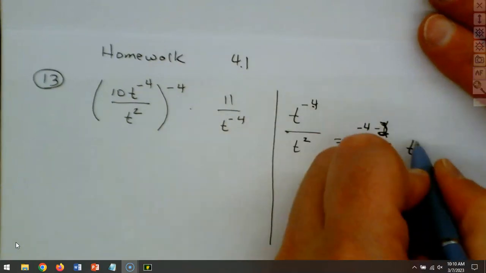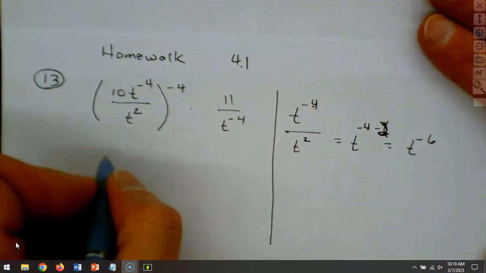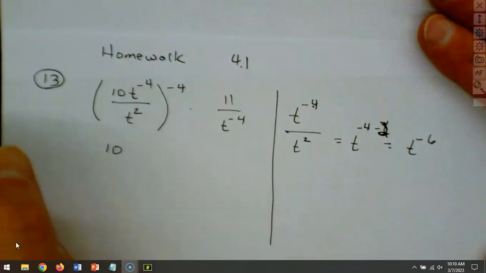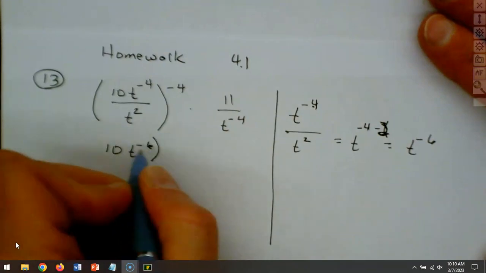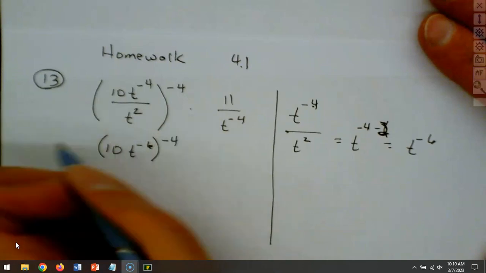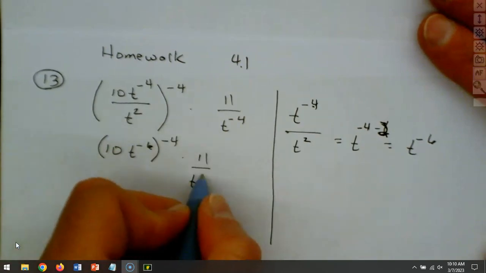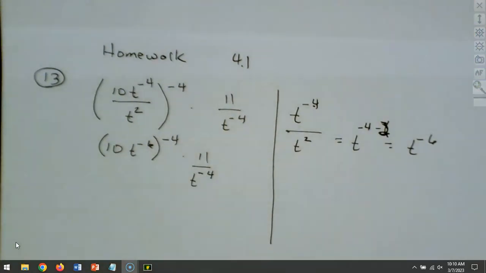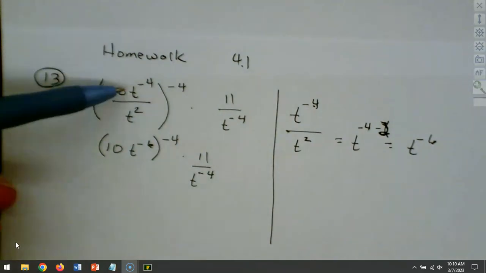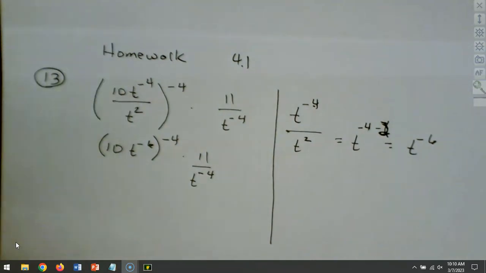That gives you t to the negative 6th power. So that is 10 t to the negative 6th power, all raised to the negative 4th, times 11 t to the negative 4th. First, I just combined those together. I am not going to get rid of my negative exponents until the very end, so we're going to keep all of our negative exponents until the end.